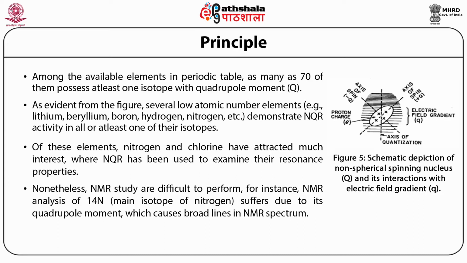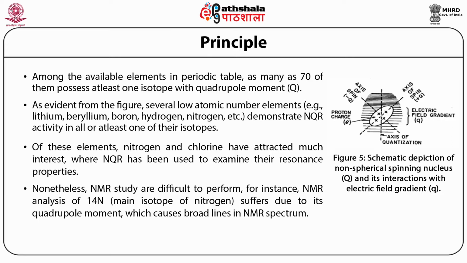For instance, the NMR analysis of 14N, that is the main isotope of nitrogen, suffers due to its quadrupole moment, which causes broad lines in the NMR spectrum. On the other hand, 15N can be readily used in NMR, as it does not exhibit a quadrupole moment.